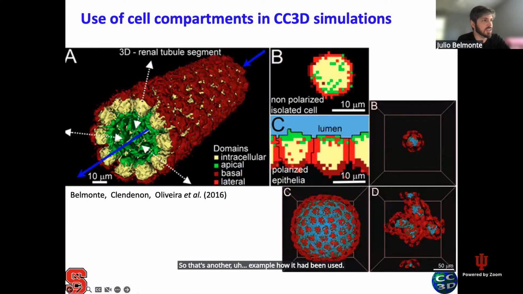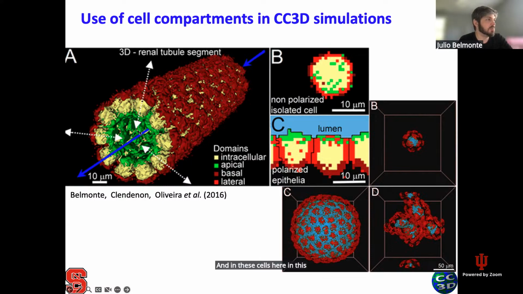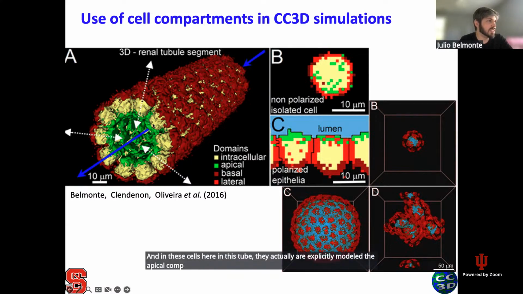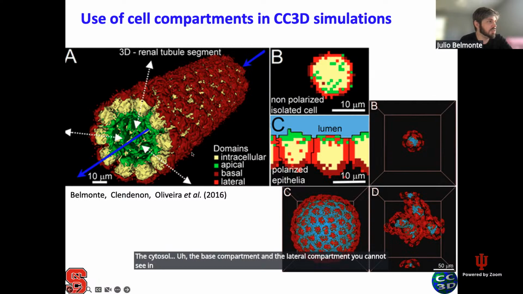Another one, this actually by me, we used this idea of cell compartments to model the kidney tube, the nephron kidney tube, where a cell becomes sick here and buds out and makes a cyst. And in these cells here in this tube, they actually explicitly model the apical compartment, the cytosol, the base compartment, and the lateral compartment you cannot see in this 3D video, right?